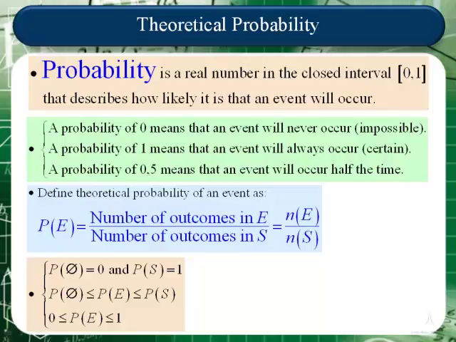So therefore, in terms of numbers, the probability of an event is always smaller or equal to 1, but greater or equal to 0.